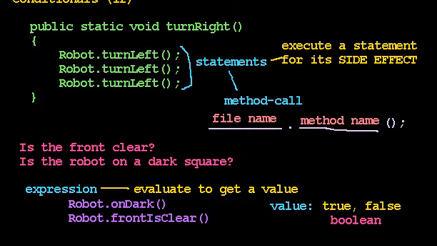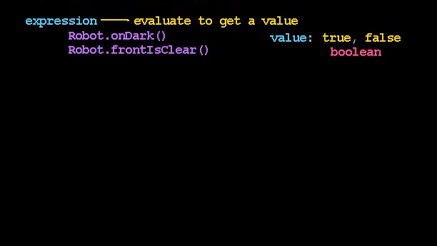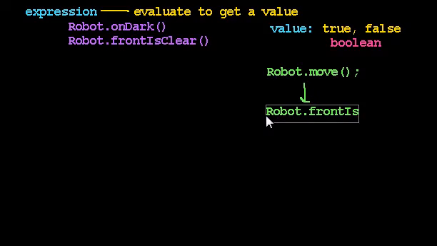We want to use these expressions somehow, and I think let's just plunge right in and see how to do this. So suppose that I have a program, and in that program I want the robot to move, and then after moving I want the robot to test if the front is clear.